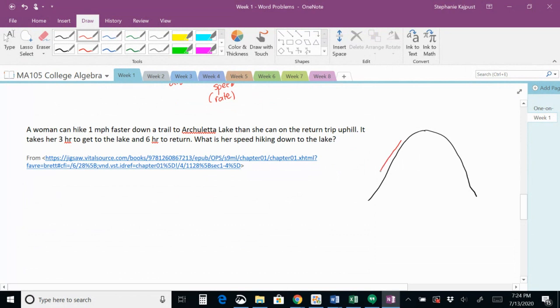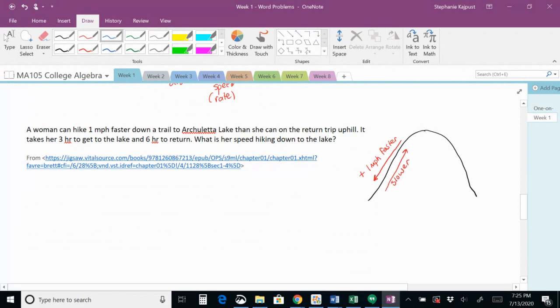And so going down is 1 mile per hour faster. If it's faster, we can think of that as adding speed, so I'm going to put a plus sign there. She's going faster than she can on the return trip uphill, so I'm going to have the uphill, and indicate that that is slower.